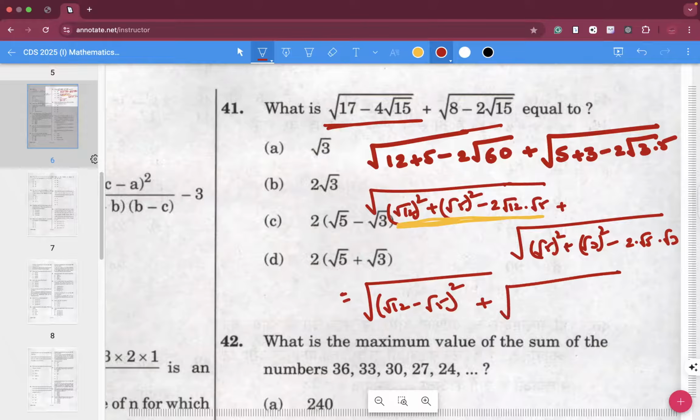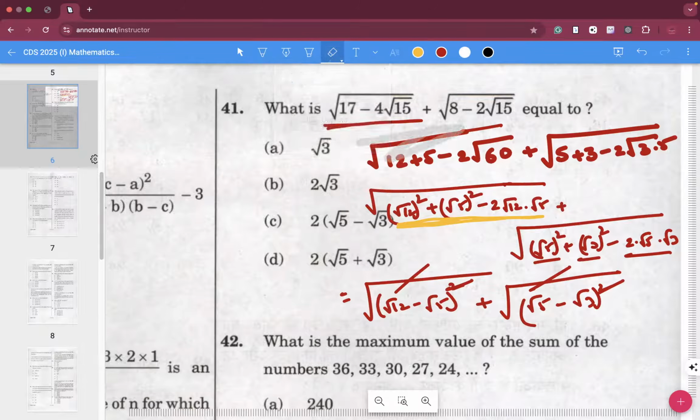Plus, this is also in the form of A square plus B square minus 2AB, so we can write A minus B whole square. Now the square and the square root get cancelled.